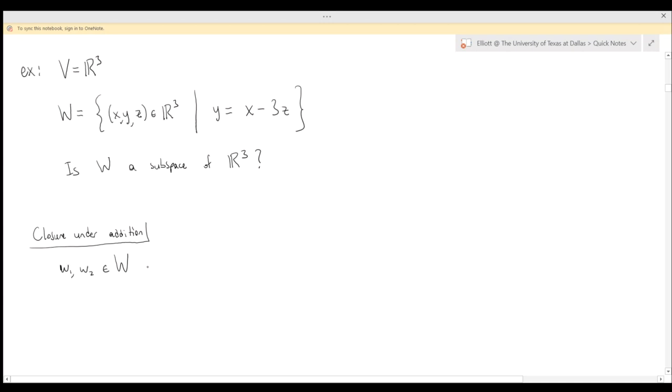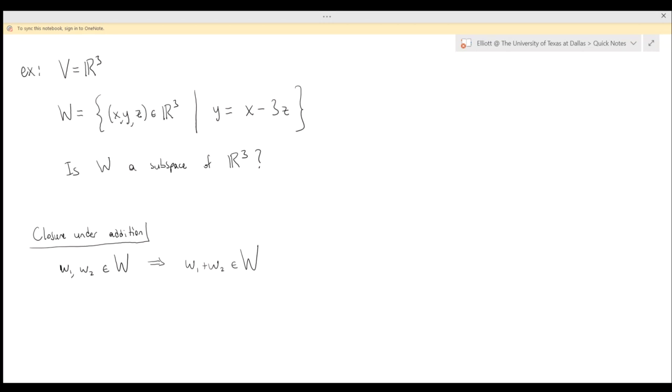And what we want to show is that their sum, W1 plus W2, must also be in W. All right.